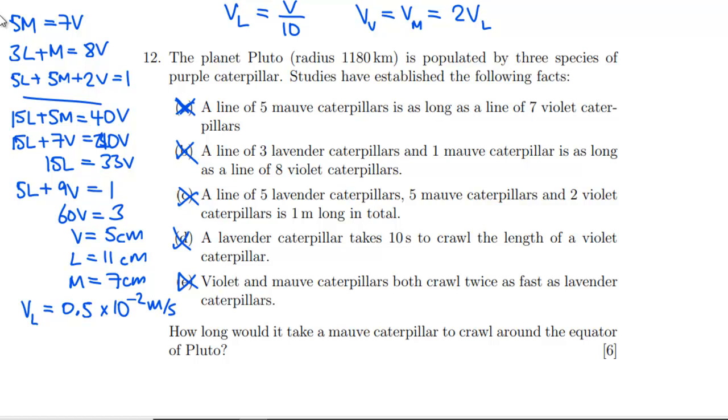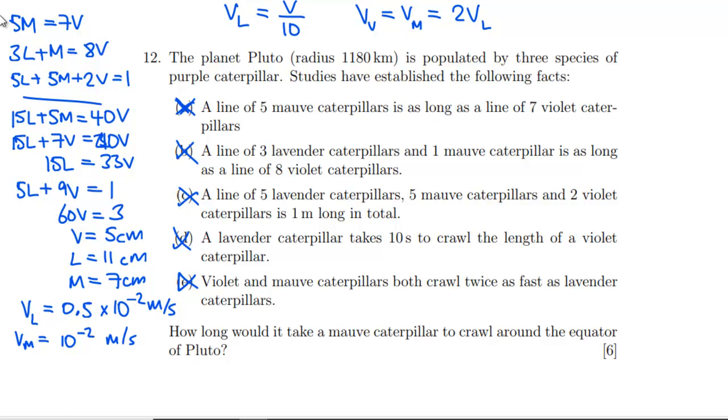That's VL. The velocity of a mauve caterpillar is double that, so it's doing 1 centimeter per second. Okay, so VM equals 10 to the minus 2 meters per second.